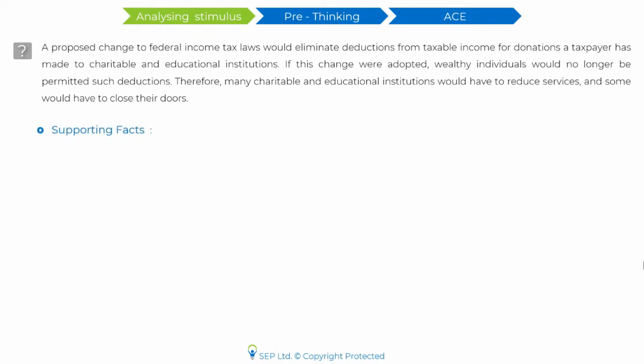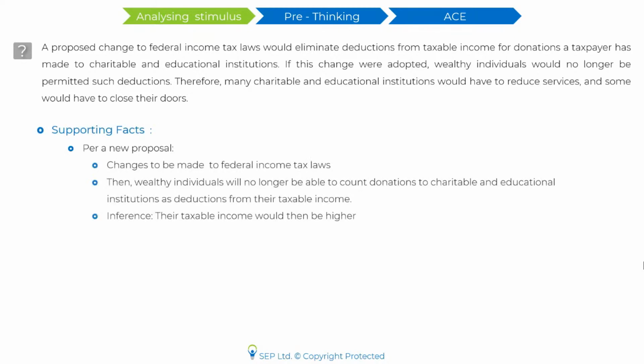So here we have it: changes to those income tax laws, and post that, something is going to happen. If this change were adopted, wealthy individuals would no longer be permitted such deductions. So if wealthy individuals make donations, they won't be able to get any deductions from their taxable income. So the inference is that taxable income would be higher.